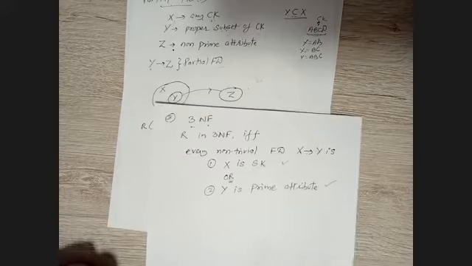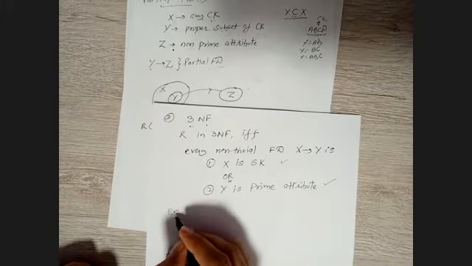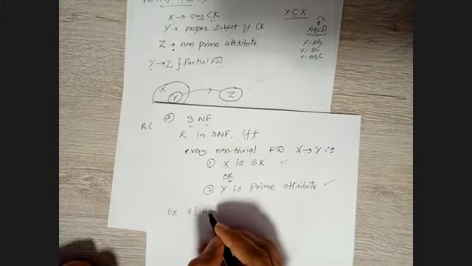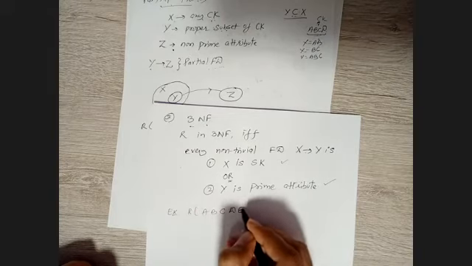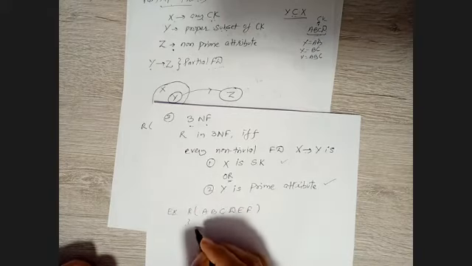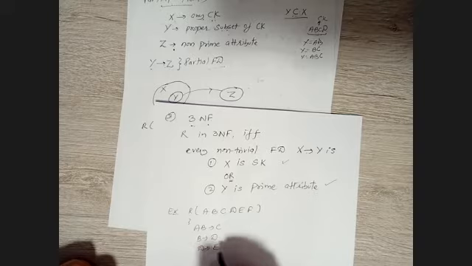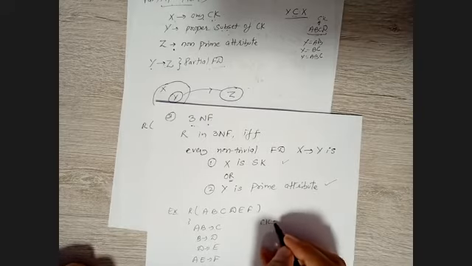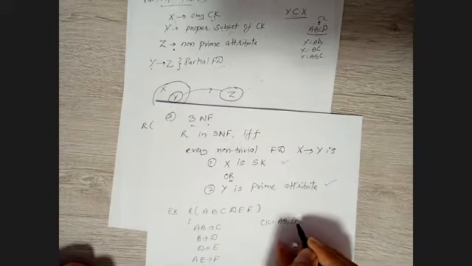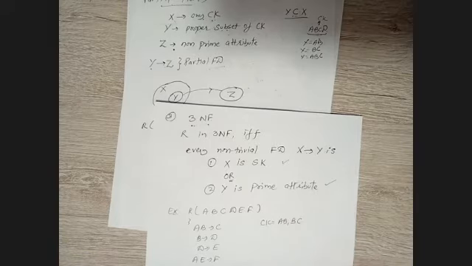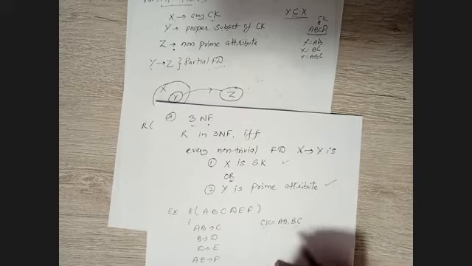So for example, let's take my set of functional dependencies, the same as before: A, B gives C. Let's take the previous example, where the redundancy was there. If you see here, the candidate keys are A, B and B, C. This is the previous example I just explained.